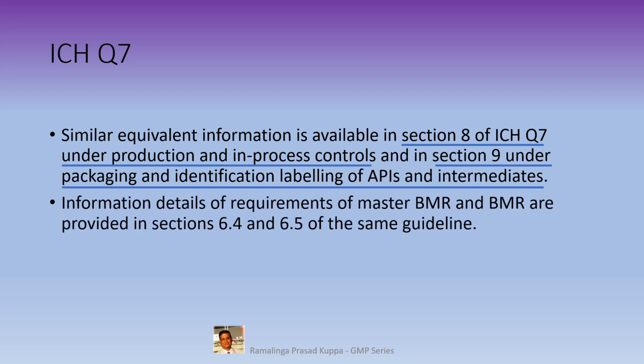Information details of requirements of master BMR and BMR are provided in sections 6.4 and 6.5 of the same guideline. So this is the prescription of ICH Q7, but this is for APIs and intermediates.